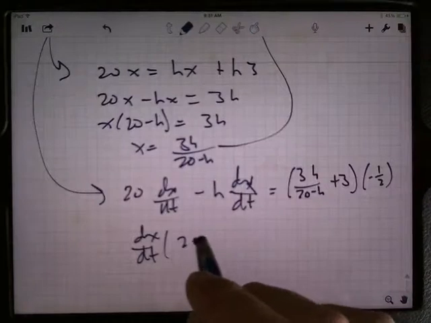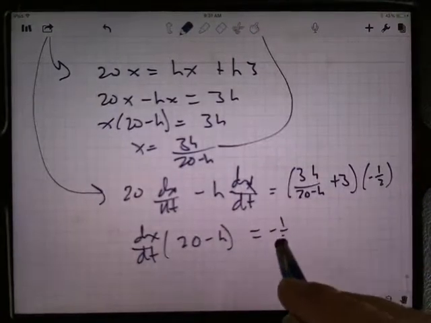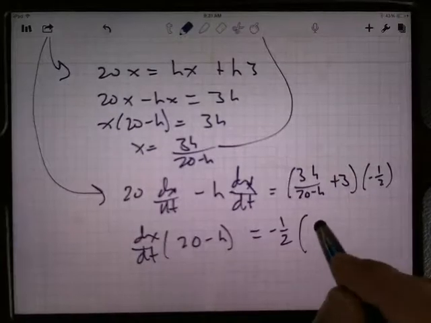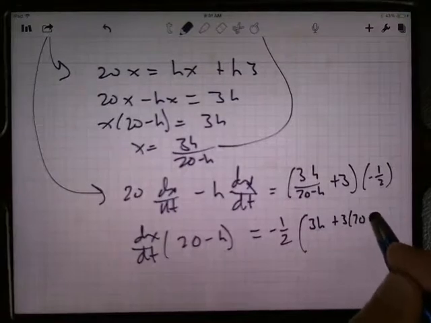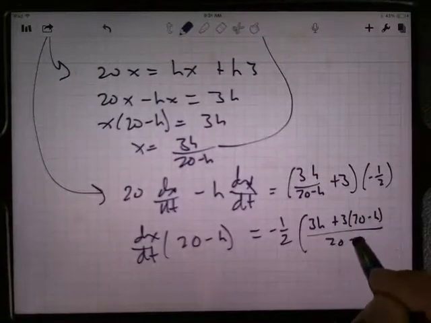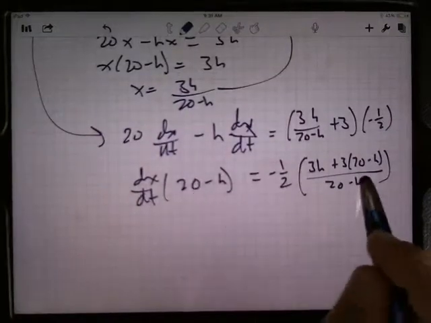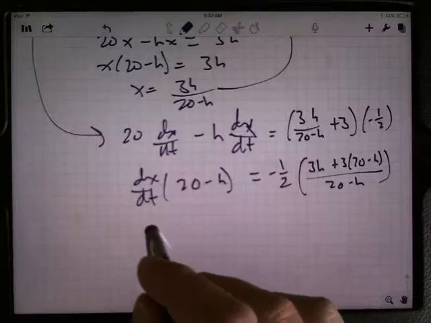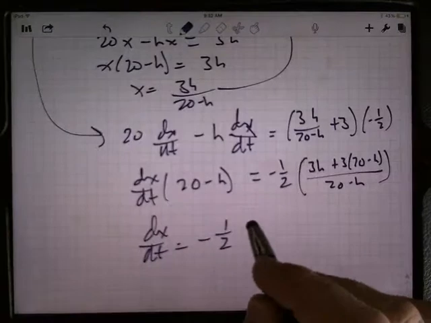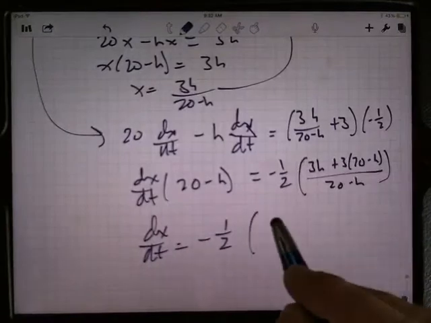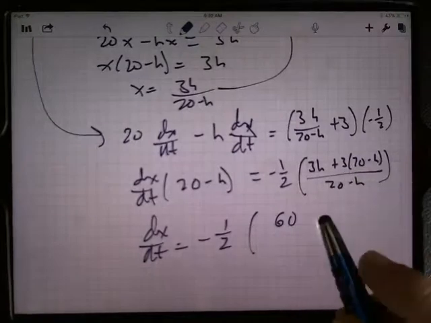So I can factor that out and get a 20 minus h. Minus a half. I'm going to get a common denominator in here. So this is 3h, and then I've got a plus 3 times (20 minus h) over 20 minus h. Okay. I'm going to divide by that 20 minus h, which is going to put another one down in the denominator here. So I've got dx/dt is equal to minus a half times, this looks like a 60 on the top. I've got a plus 3h and a minus 3h, which cancel out.